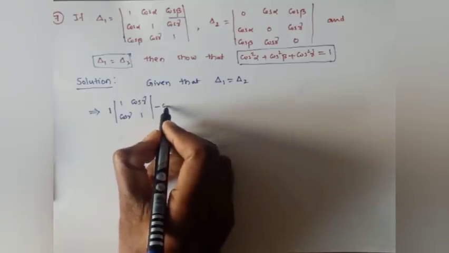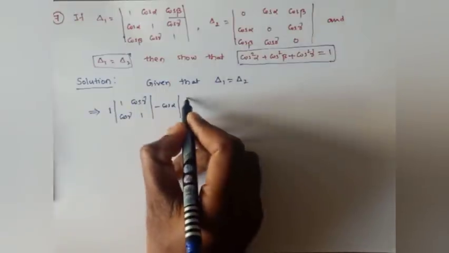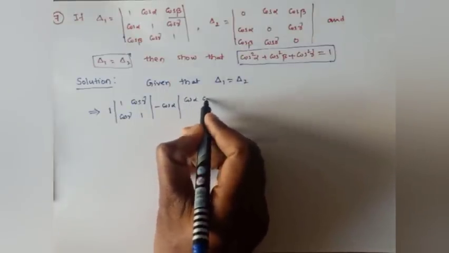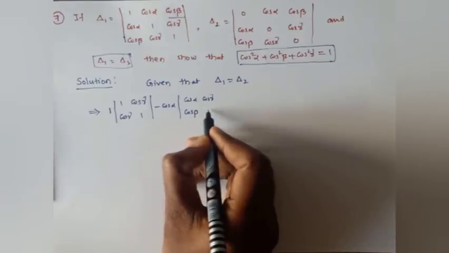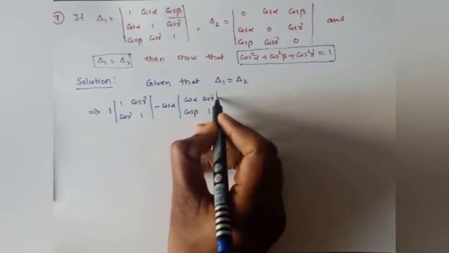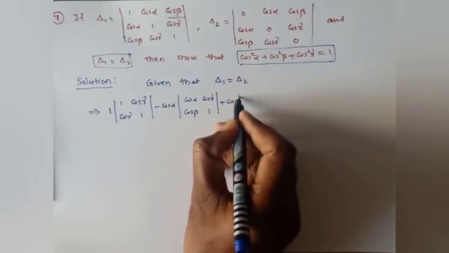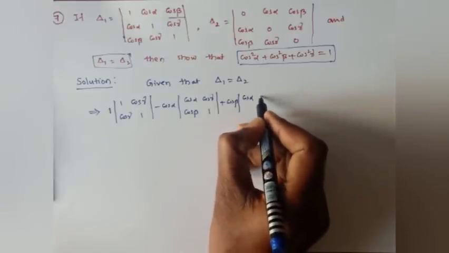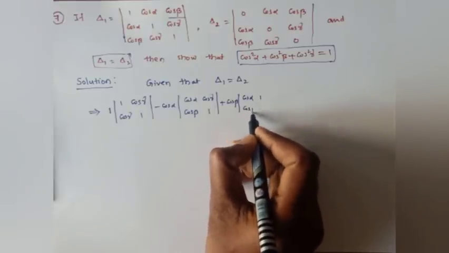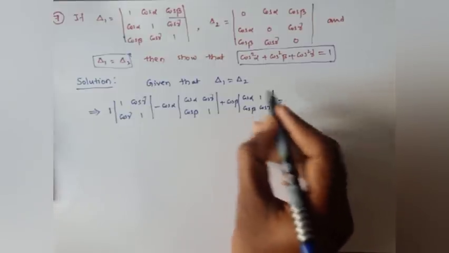Next minus cos alpha into, then it is cos alpha cos gamma, cos beta, and this is 1. Finally plus cos beta times of cos alpha 1, cos beta cos gamma. Now this is equal to delta 2.